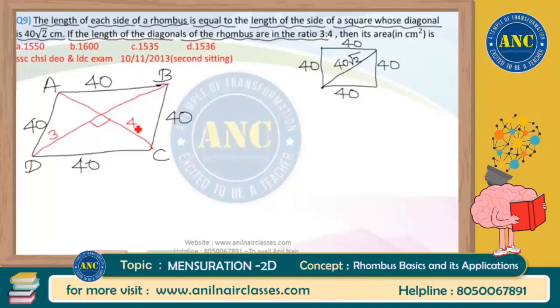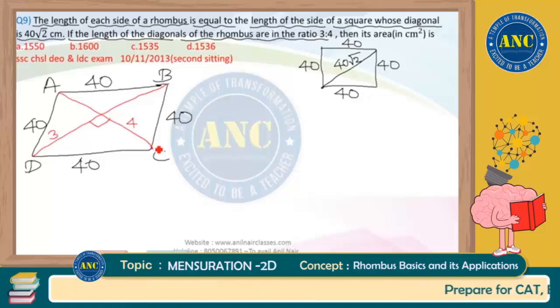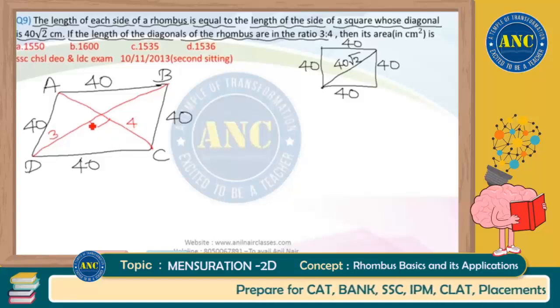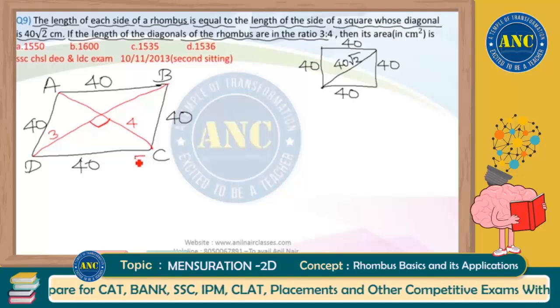Now think a little logically, you will get the answer. This is a very important thing you need to understand here. Can I say that this is 3, this is 4, so opposite to 90 degrees, according to the ratio, should be 5?